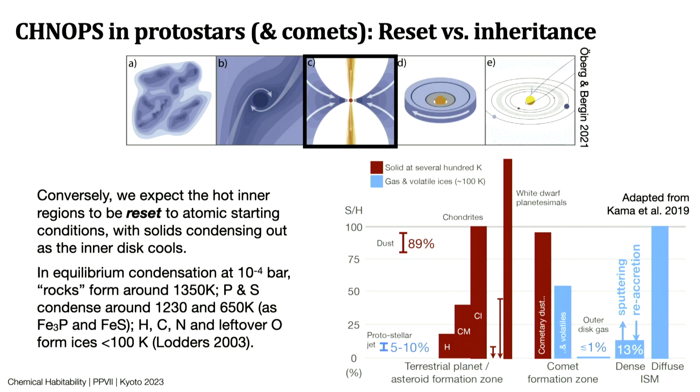In the ISM, we see a mix of volatile and more refractory carriers in the comet-forming region, but in the terrestrial planet formation region and in chondrites, most of the sulfur is bonded to iron and in a much more refractory phase. So in the inner solar system, we think material is reset at high temperatures. And this mix between inheritance and reset, where exactly this dividing line lies in other disks, is a very important question.